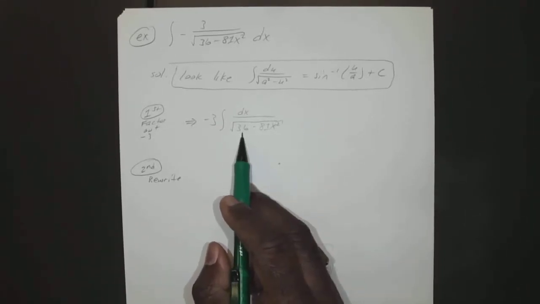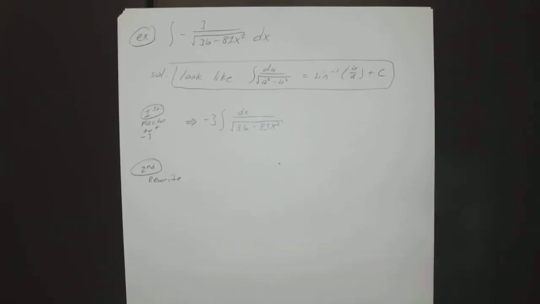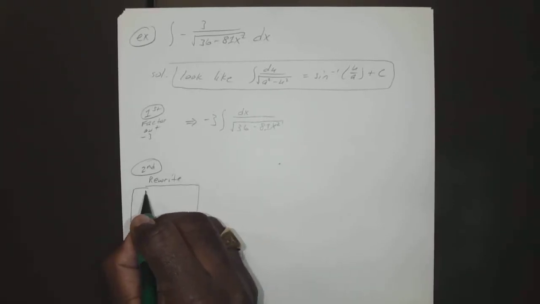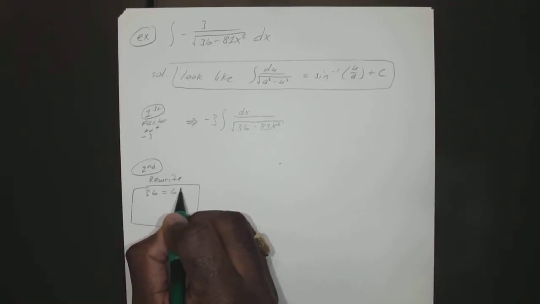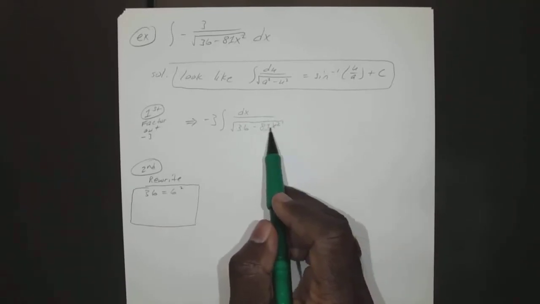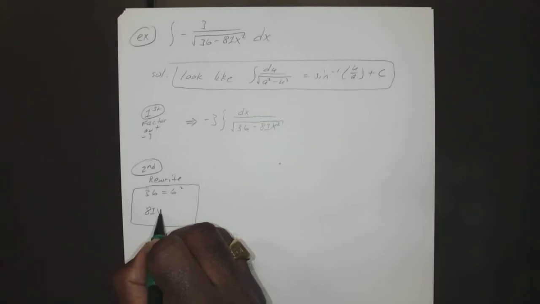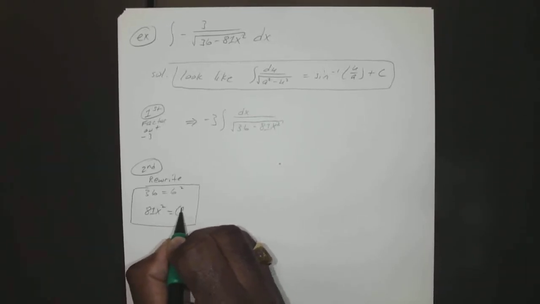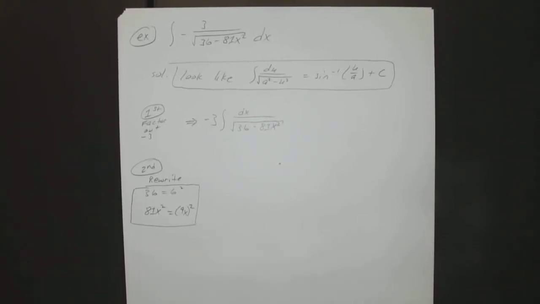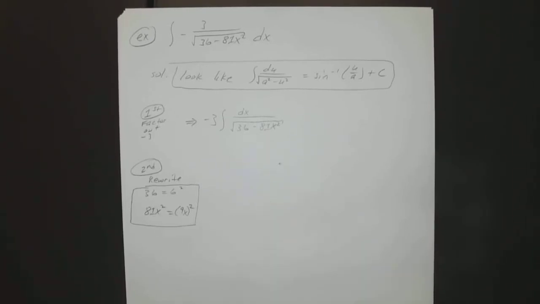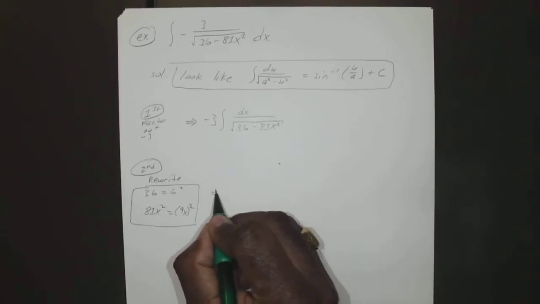Okay, so you're going to notice that 36 is just 6 squared. So 36 equals 6 squared, and 81x squared is just 9x squared. So we're just going to rewrite them, replacing those.